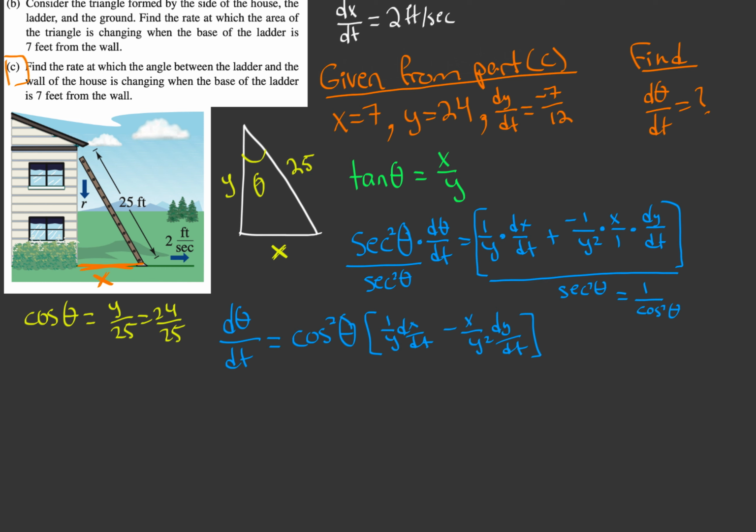If you plug that in, we get d theta over dt is equal to 24 over 25 squared, times 1 over y, which is 24, times 2, which is dx dt, minus x, which is 7, over y squared, which is 24 squared, times dy dt, which is negative 7 over 12.